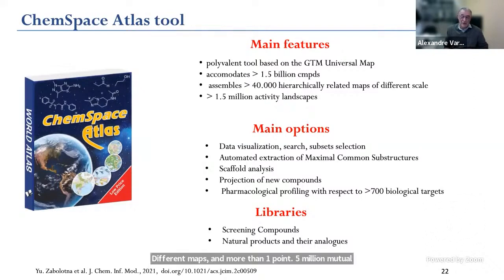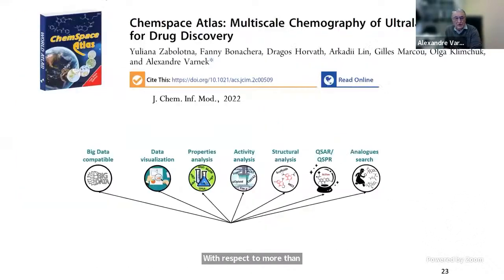And it has many options: data visualization, search, extraction of maximal common substructures, scaffold analysis, and it could be used for pharmacological profiling of new compounds with respect to more than 700 biological targets. And the information has been recently published. Those who are interested in this tool, which is actually publicly available on our server, could look at this recent publication.